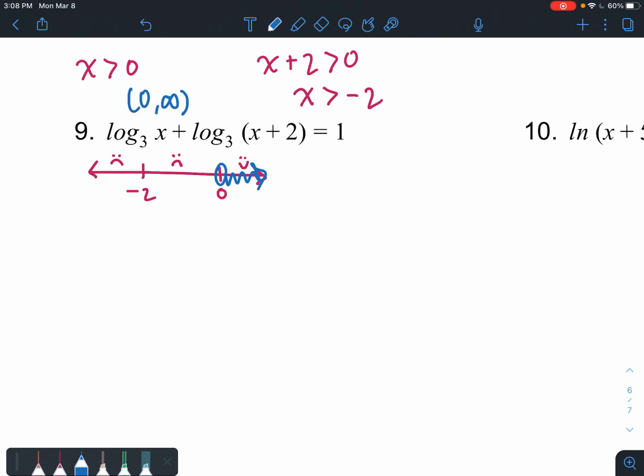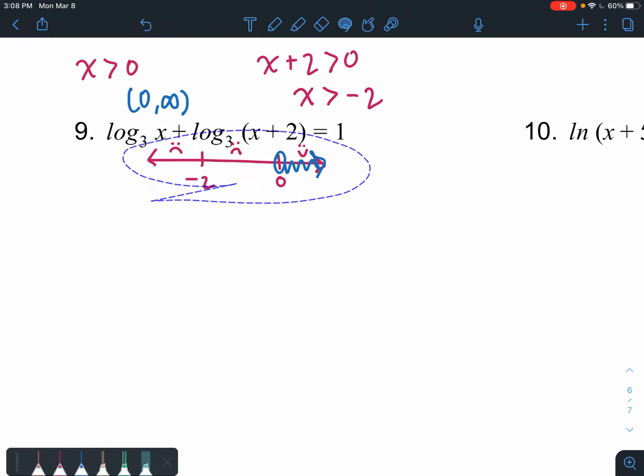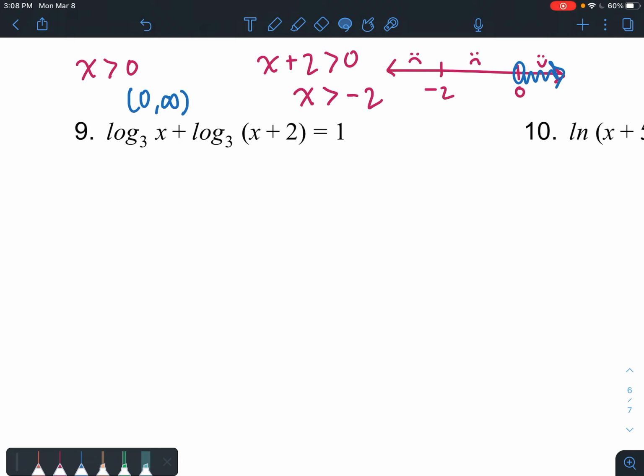All right, so to figure out what this is, I'm actually going to move this over here so we have space. So I'm going to rewrite this using my laws or rules. So I'm going to have log base 3 of x times x plus 2 equals 1.